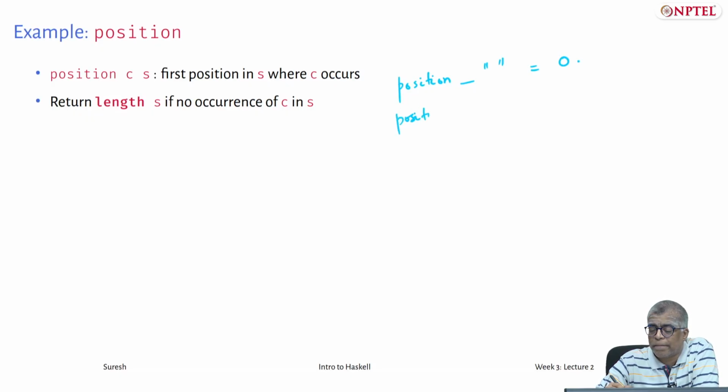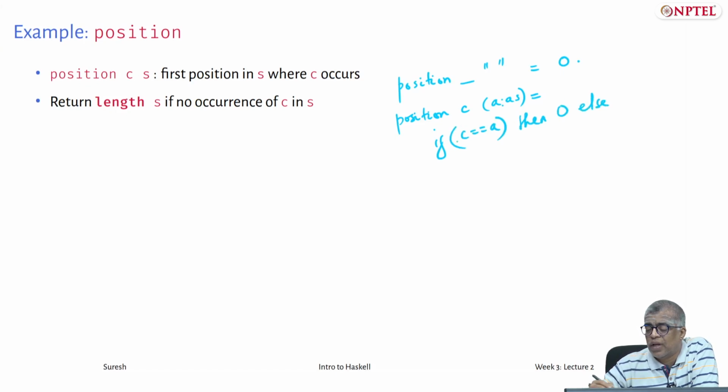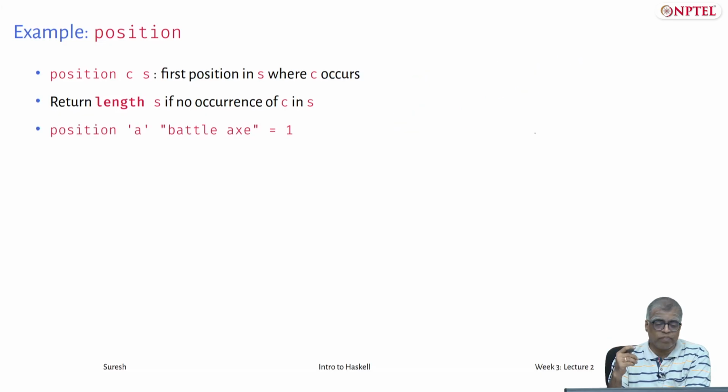Position of c in a colon as, if c is the same as a, then 0, else 1 plus position of c in as. Right, that is a very simple recursion.